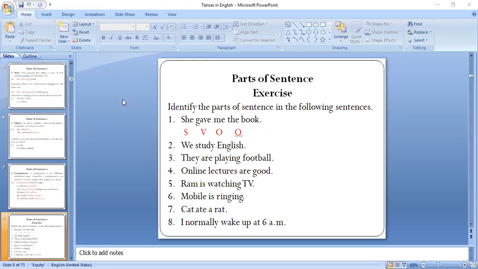The very important part that we studied in the last month is parts of speech. We have discussed that and we have learned that.